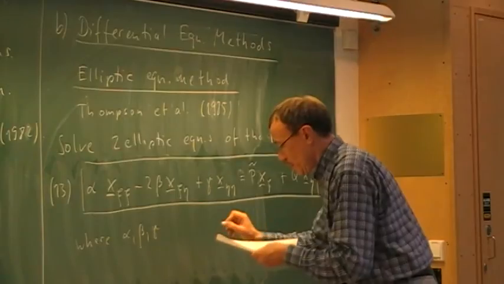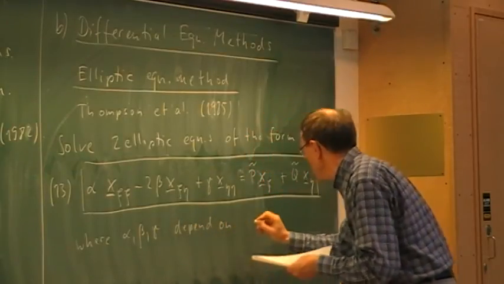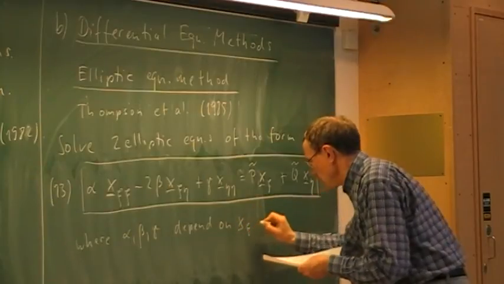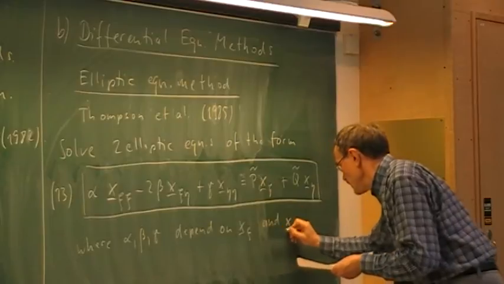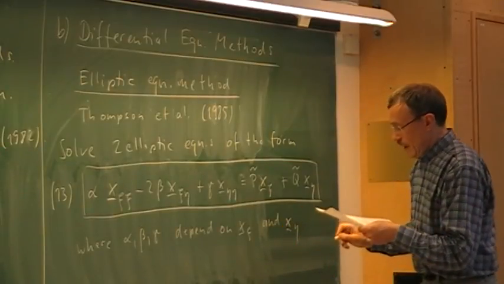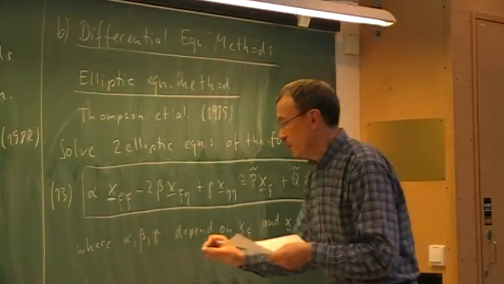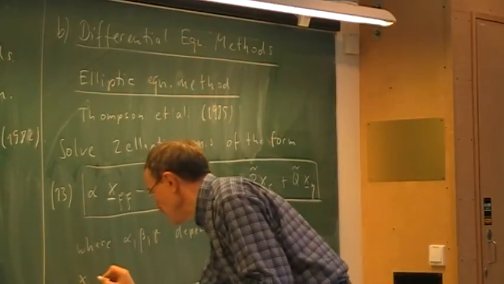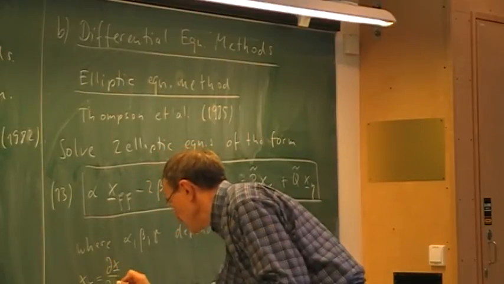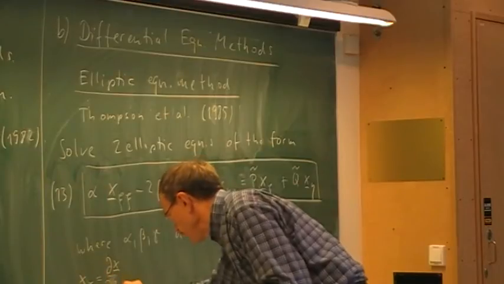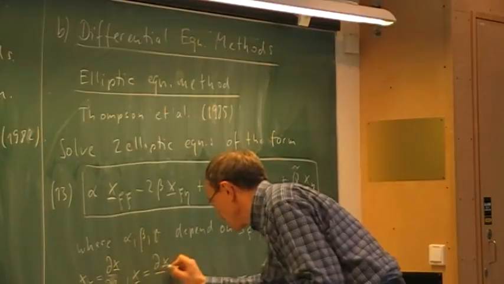So these parameters depend on the derivatives x psi and x eta, and as I said before, the notation means that x psi is dx d psi, and x eta means dx d eta.